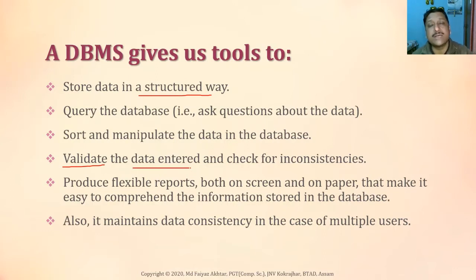Then you can understand how a database management system keeps information and checks the inconsistency, and then we can say that these data are reliable. Whatever data is stored in the database is reliable, and we can trust that data.